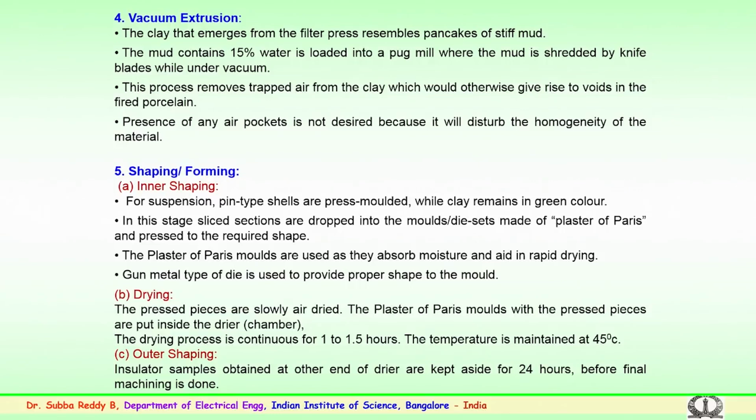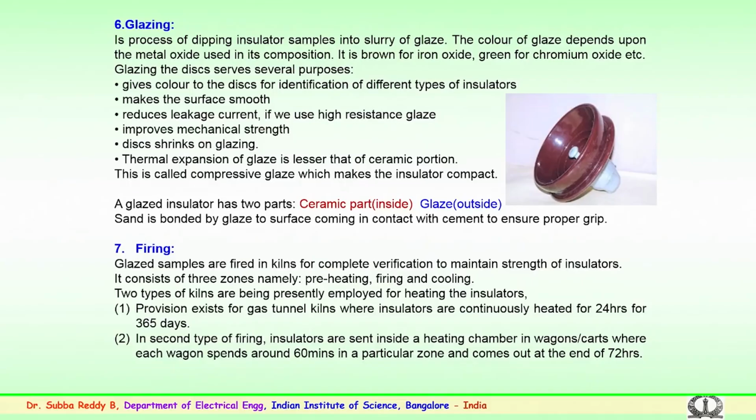Further, the outer shaping of these samples is done at the other end of the dryer, and they are normally kept for 24 hours before final machining is done to the insulator samples. So the insulator samples undergo inner shaping, drying and outer shaping in their formation.